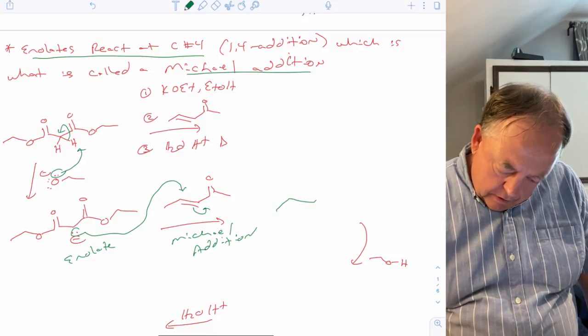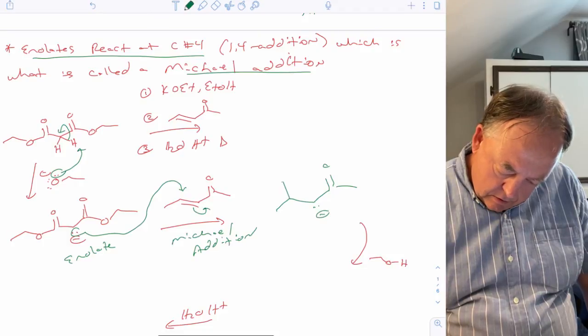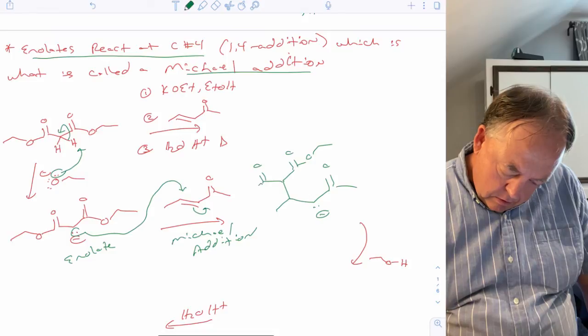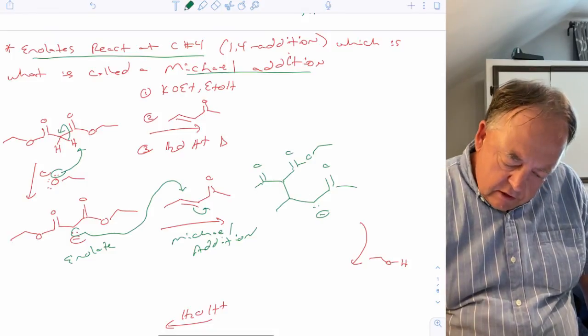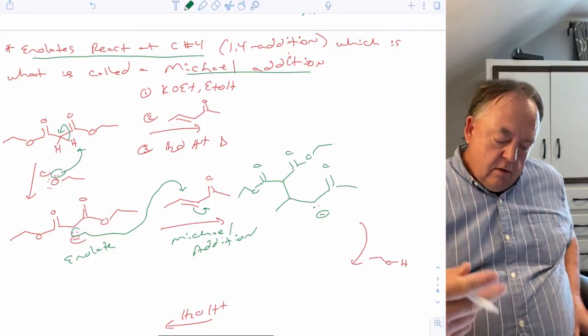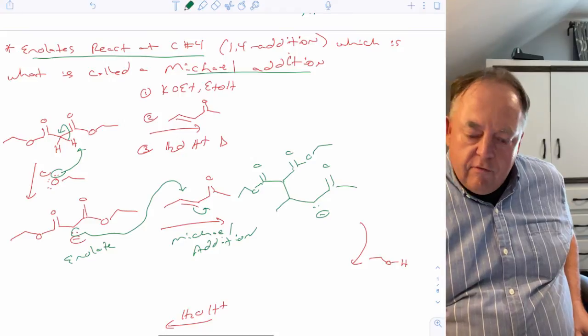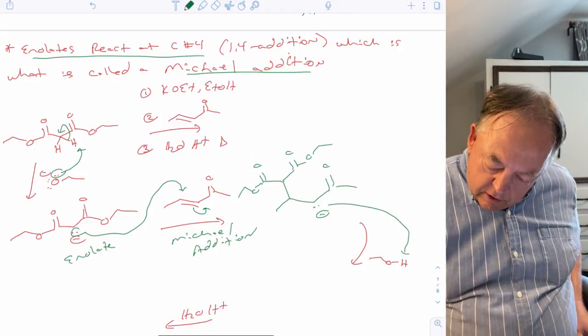Okay, so now we would have... so this is malonic ester that I'm using, right? If you remember that from a previous lecture, first lecture in this chapter. So the enolate of malonic ester would do a 1,4 addition, and then that's going to pick up a proton from the solvent.